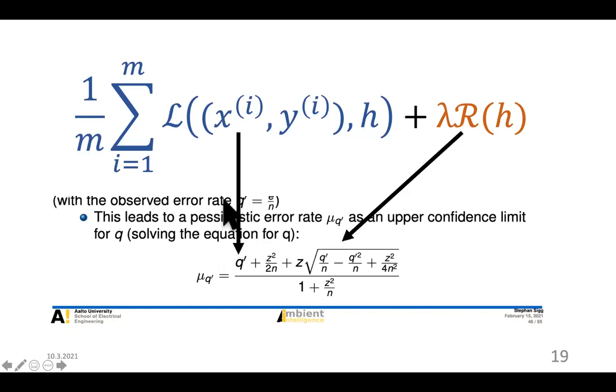So this observed error rate is the average 0-1 loss on the training set. And you don't minimize directly this observed error rate or training error, but this term plus some other term. And this other term, you can think of it as an estimate for how much larger the error rate will be outside the training set. So this is an example of a regularization term.